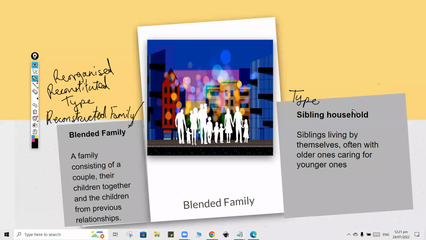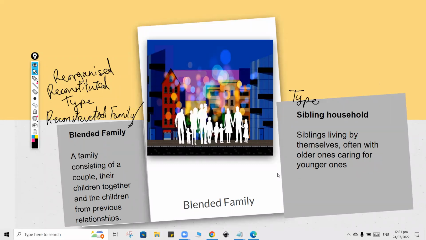It could be that one parent has children from a previous relationship, or it could be that both parents have children from a previous relationship. Yeah, if they were not married in the first relationship, it's still a blended family in this new setting.